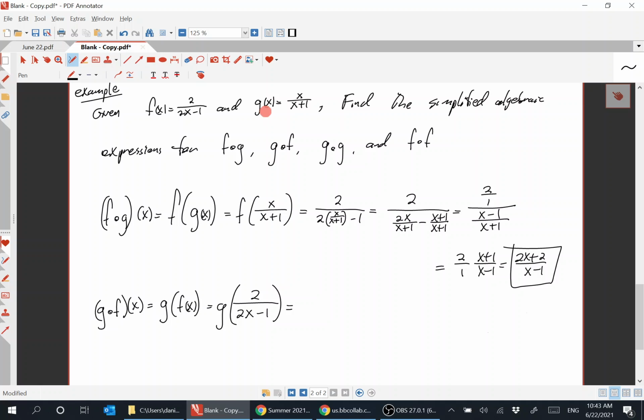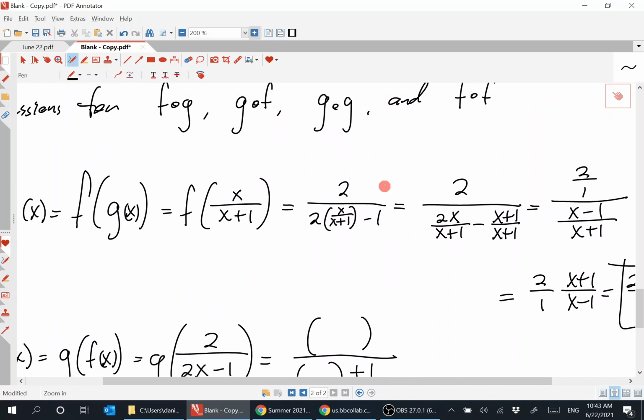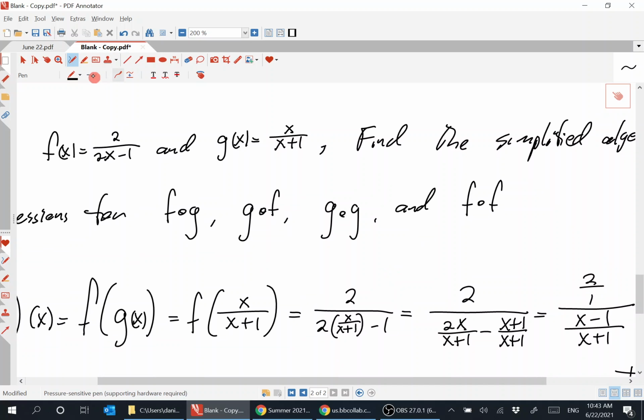So let's write g. Instead of with x in it, I'm just going to put a blank. So blank over blank plus 1. Right, so g of x is equal to x over x plus 1.